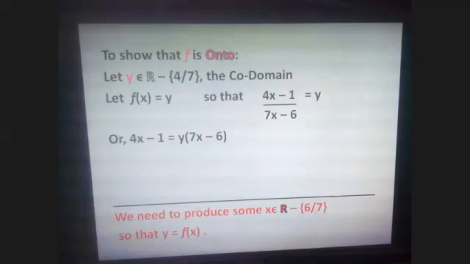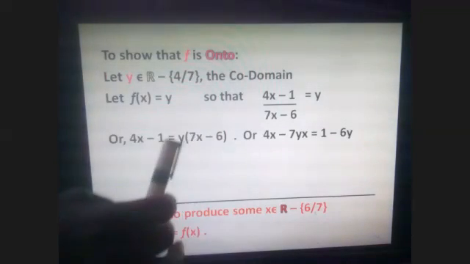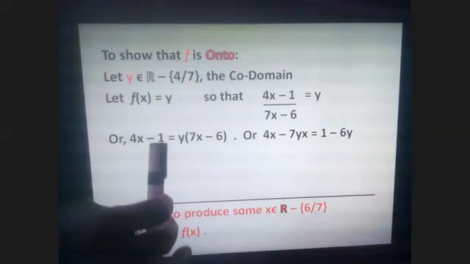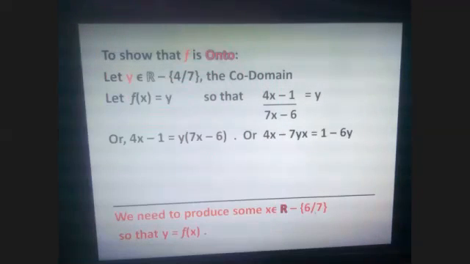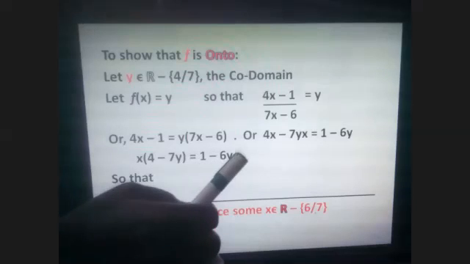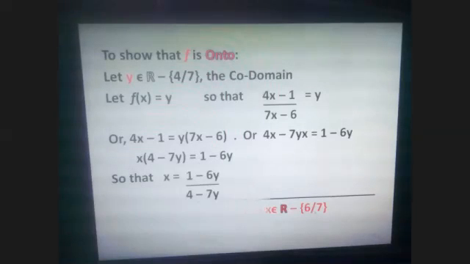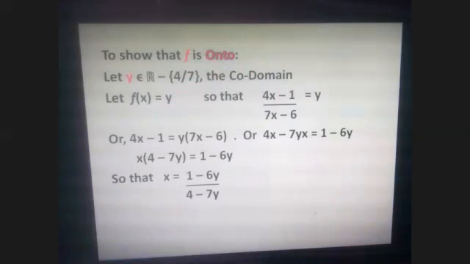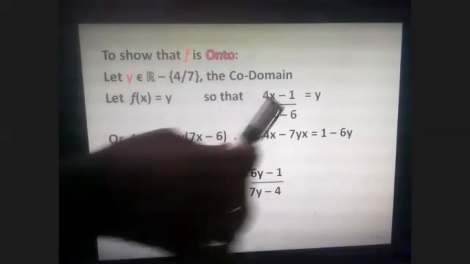Cross multiplying, 4x minus 1 equal to y into (7x minus 6), or 4x minus 7xy equal to minus 1 minus 6y. Or taking x out, x(4 minus 7y) equal to 1 minus 6y. So x is (1 minus 6y)/(4 minus 7y), or as good as (6y minus 1)/(7y minus 4).